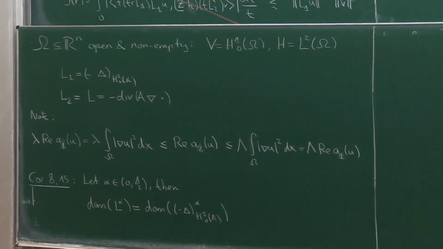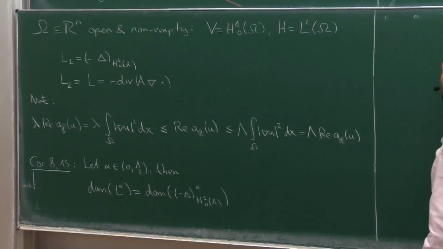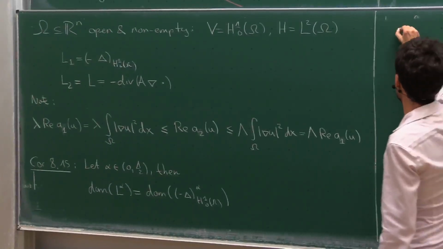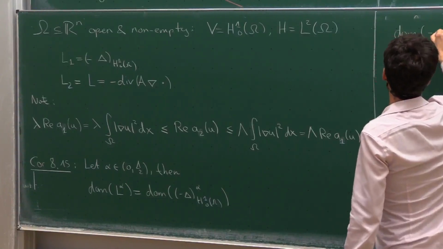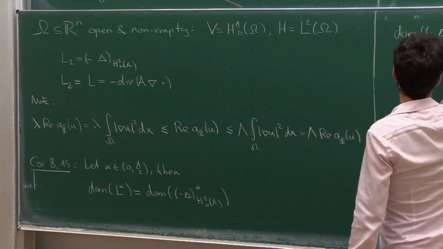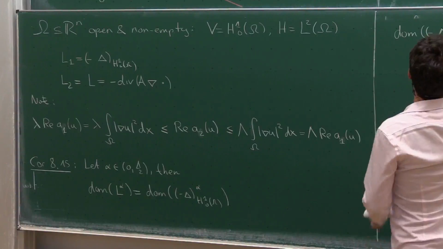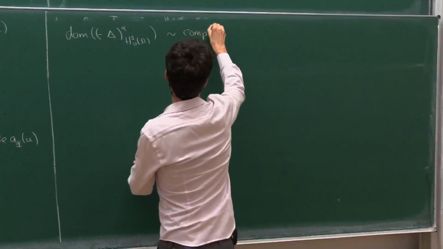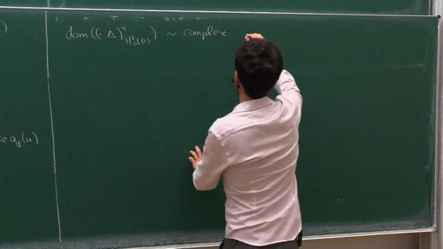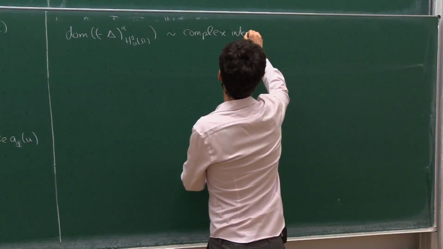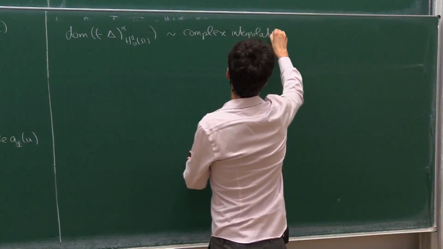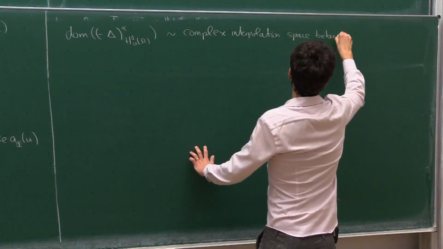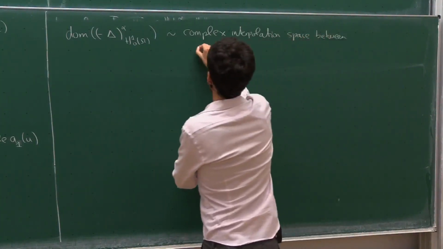In general, there's a formula that relates this domain. So the domain of minus delta to the alpha on omega is related to something you can learn about in the project phase, related to complex interpolation spaces between two things.